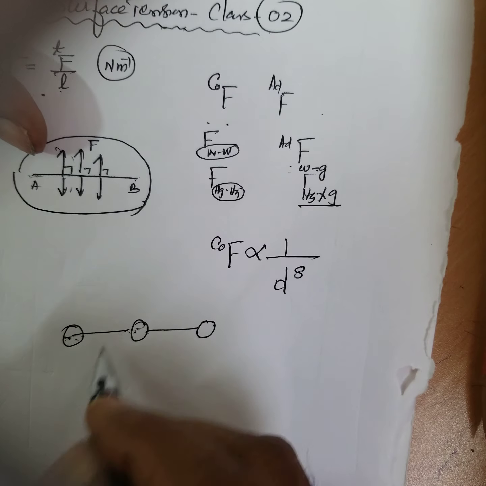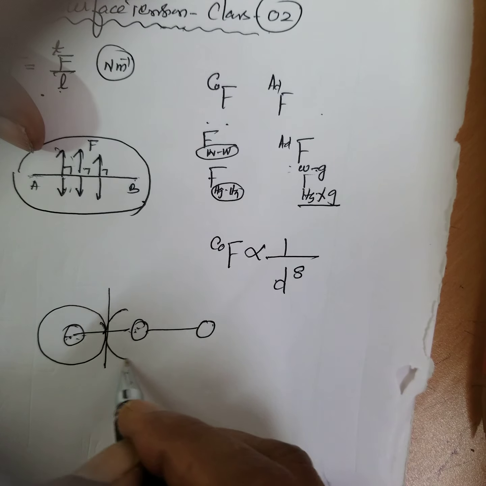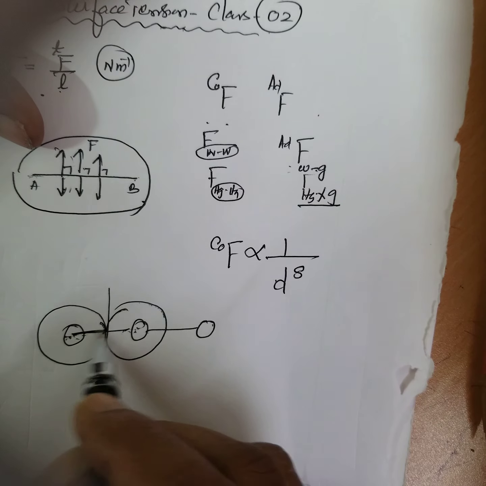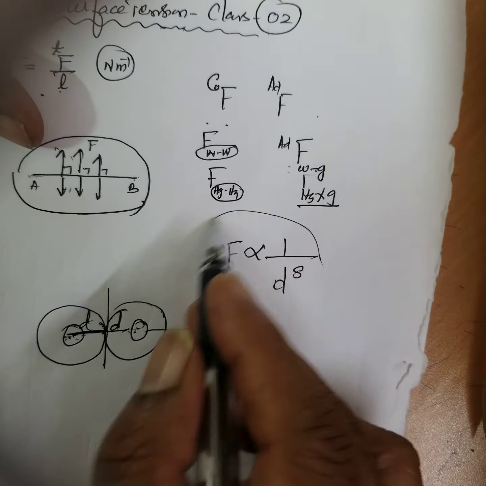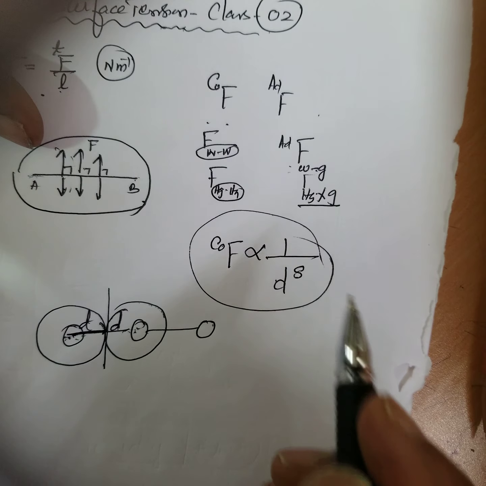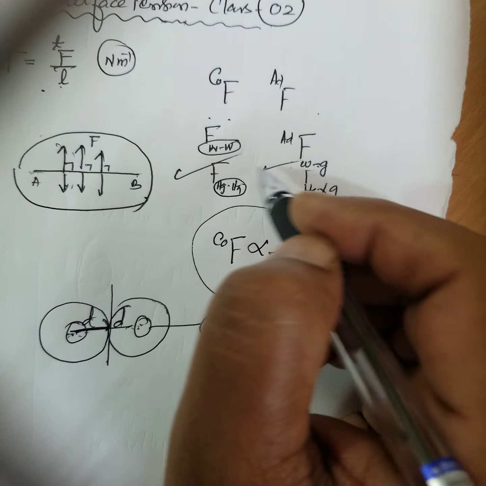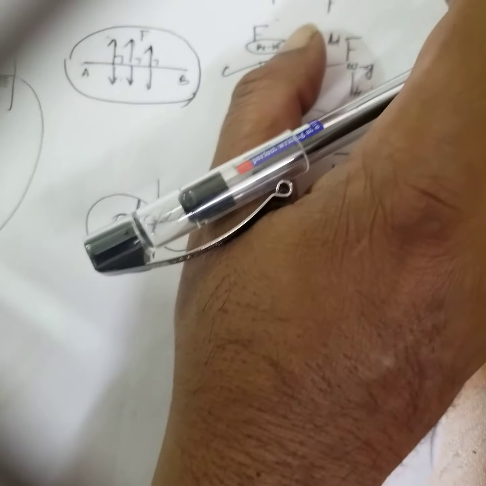I'll tell you what this distance is. So much distance is called the sphere of influence. That also we'll discuss. Where d is the distance. This is a short range force, and cohesive force and adhesive force I gave an introduction to last class.